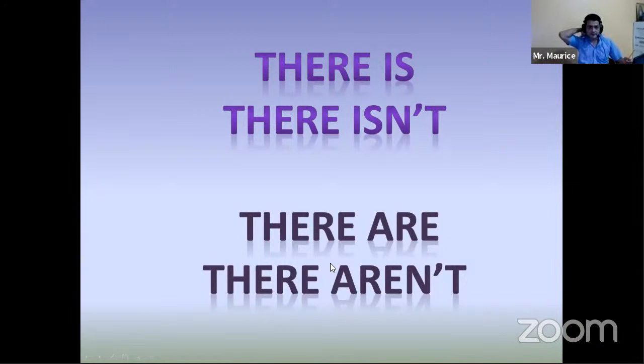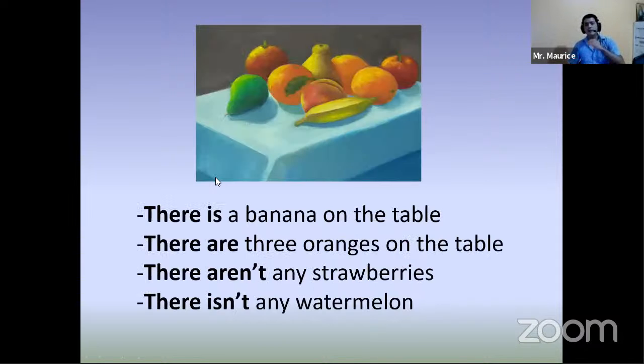Now, let's move on to the other part. There are. There are is for plural. So you can say, there are 2 pencils. Plural. The negative, there aren't. There are, there aren't. Positive and negative. Now, take a look. Look at the picture. Observa la imagen. ¿Qué objetos tenemos? Frutas, ¿verdad?